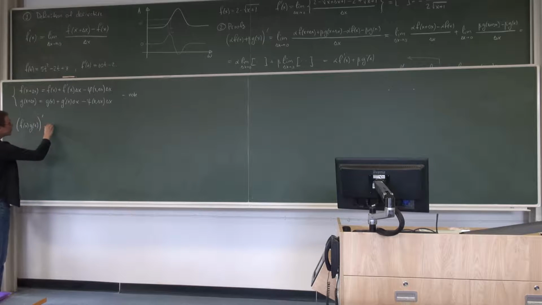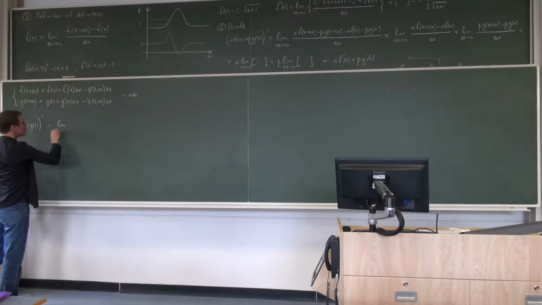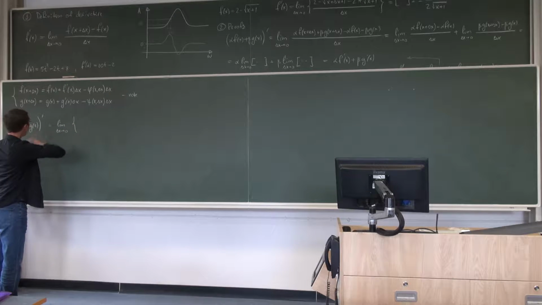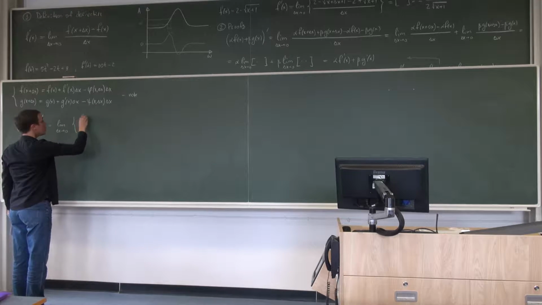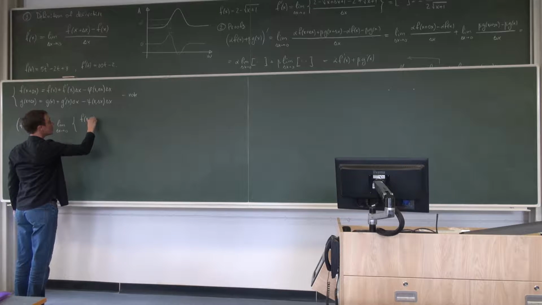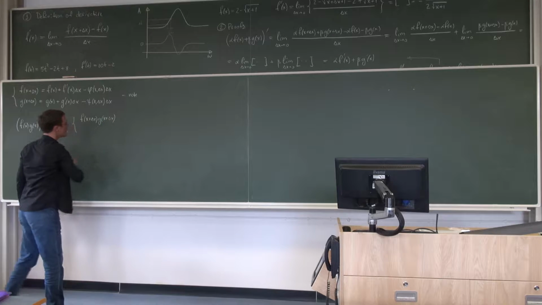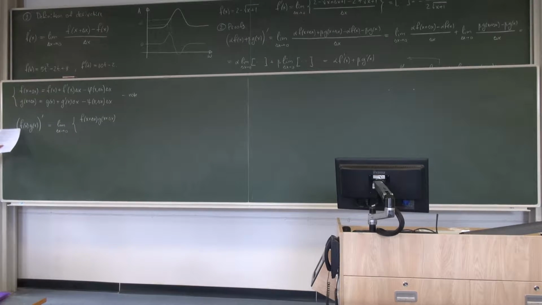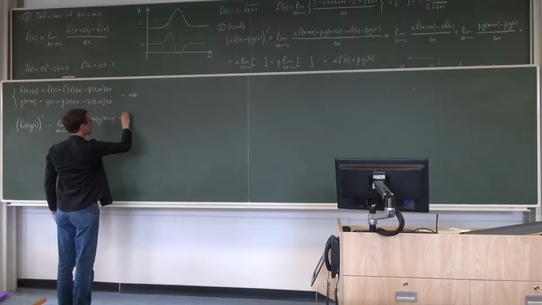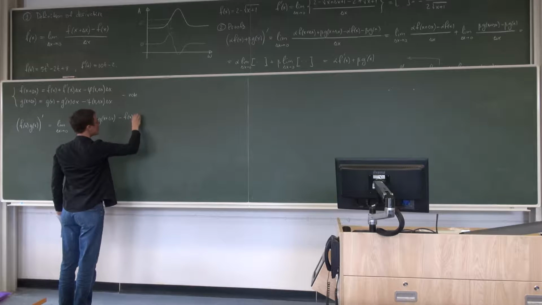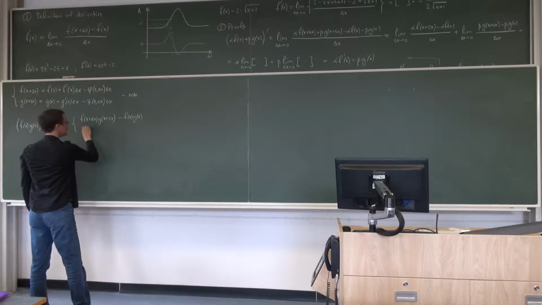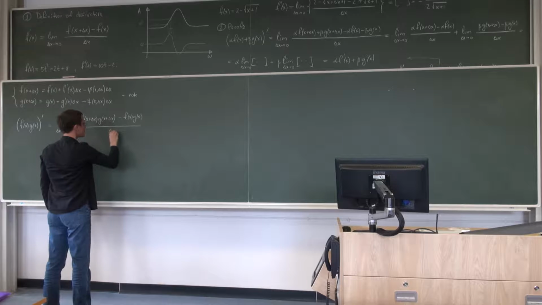By definition, that is the limit as Δx goes to 0 of f(x + Δx)g(x + Δx), the displaced object, which is this product, and so we just displace both arguments, minus f(x)g(x), divided by Δx.